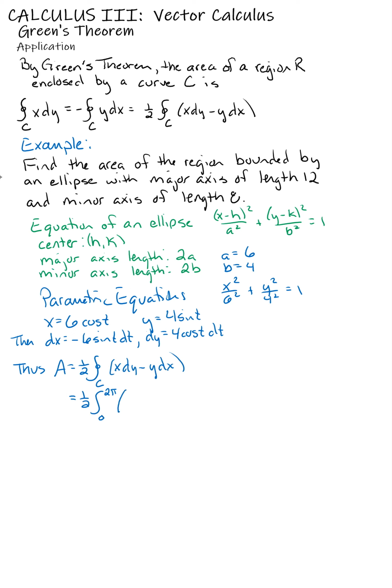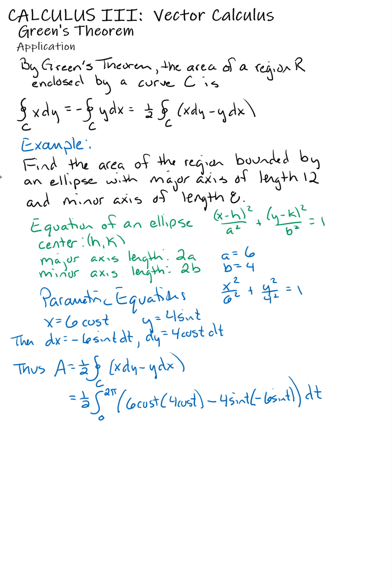of x, which is 6 cosine t, times dy, which is 4 cosine t dt. I'm going to go ahead and put the dt at the end, since these are both going to have dt on them. Minus y, which is 4 sine t, times dx, which is negative 6 sine t dt. Again, I've factored out that dt and put it in the back.